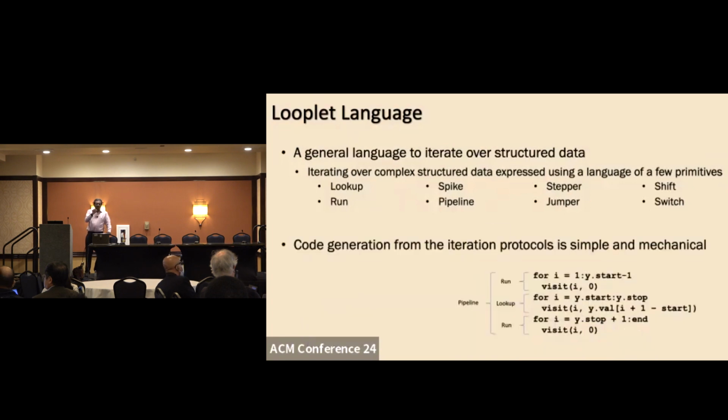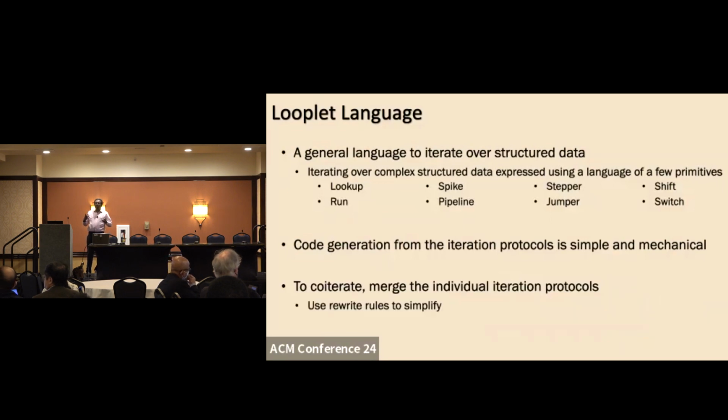And then for each of these types, we know how to generate code. We know how to generate code for run, for lookup, for a pipeline. Then we came up with a set of rules for when you co-iterate, how to optimize if you are doing 2 different things next to each other. It's a lot more complicated than what we do in Tahoe.